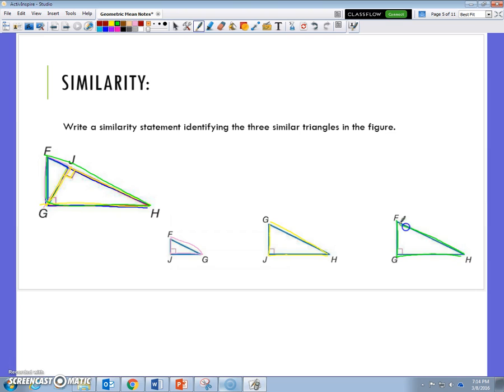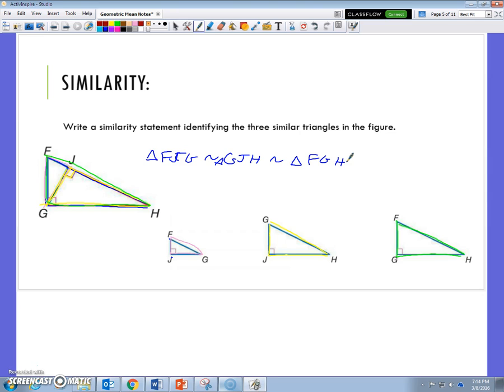The nice thing about drawing little sketches of each triangle is that you can quickly tell what the similarity statement is going to be. So I can compare F, J, and G, and I know that's similar to triangle GJH, which is similar to triangle FGH.